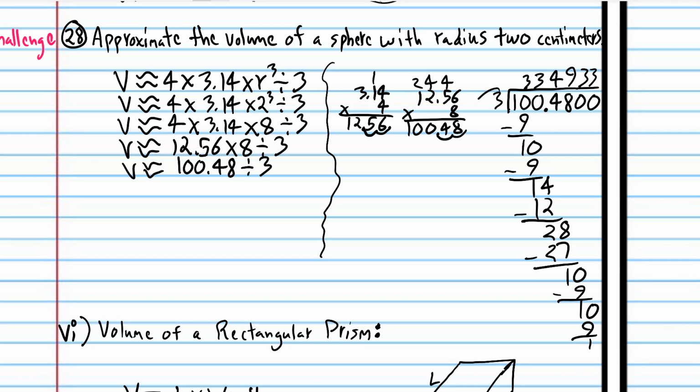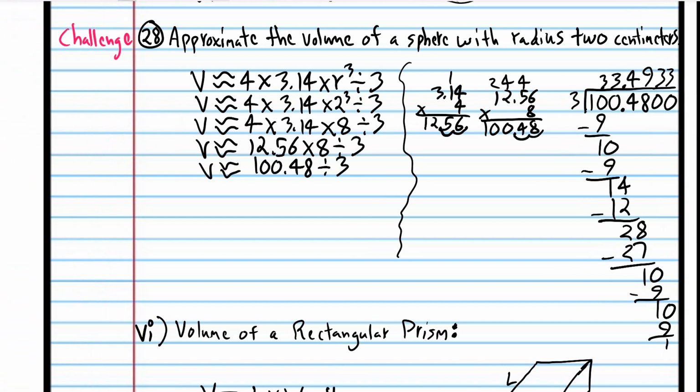But because this number is not a decimal, or technically the decimal is there, but it's already next to the line, because remember the decimal is directly to the right of the number in the ones place, and 3 is in the ones place, so the decimal is right there. Because it's already next to the line, it's a whole number, 3 is a whole number, we just bring this decimal straight up. We don't have to move it any places over, so it's just 33.49. So let's go ahead and write the final answer.